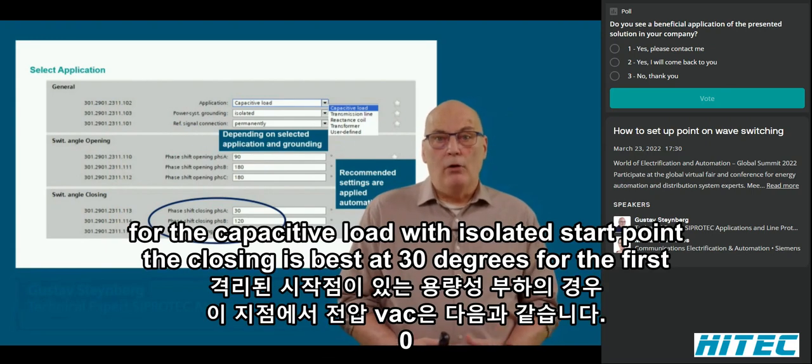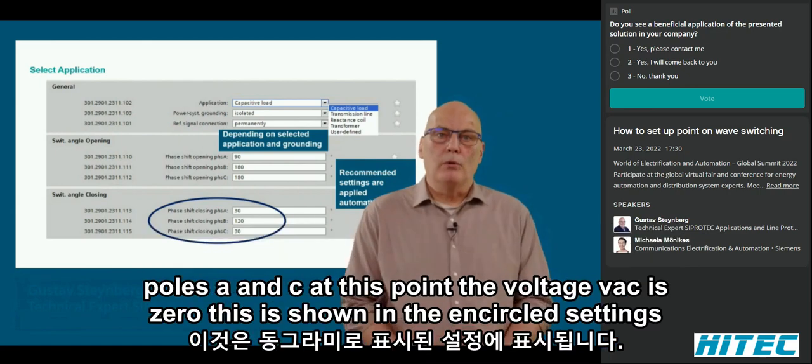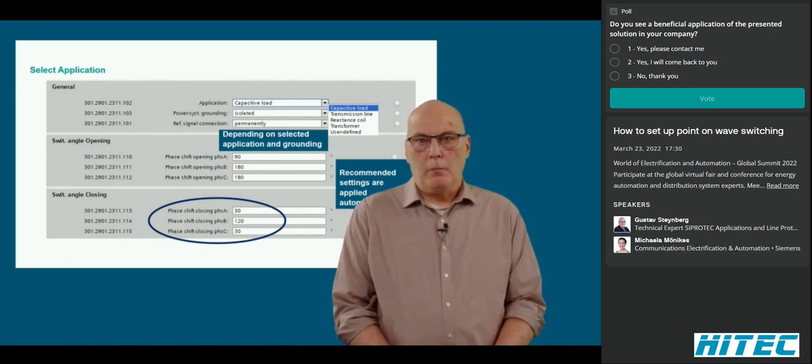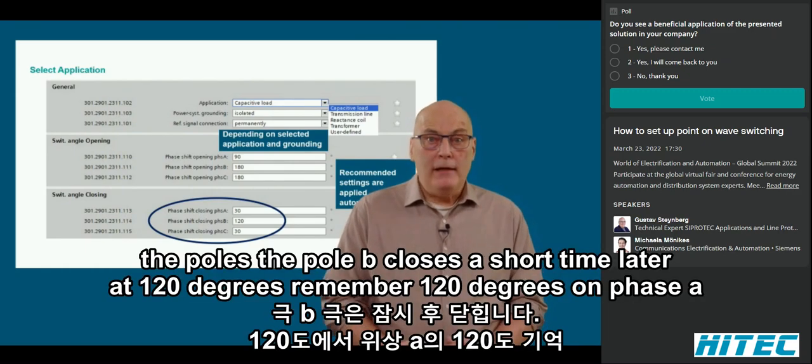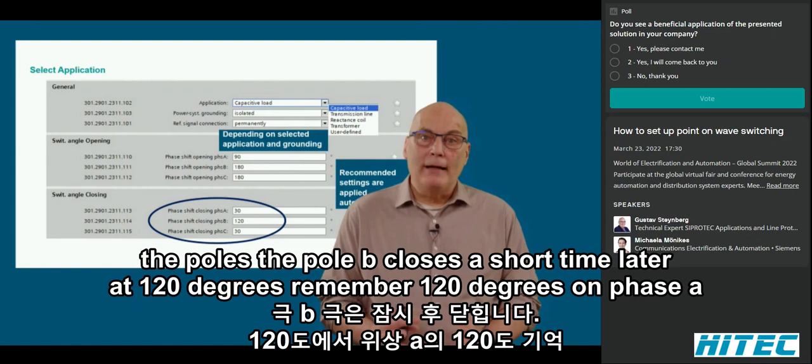For the capacitive load with isolated star point, the closing is best at 30 degrees for the first poles A and C. At this point, the voltage VAC is 0. This is shown in the encircled settings. The pole B closes a short time later at 120 degrees.